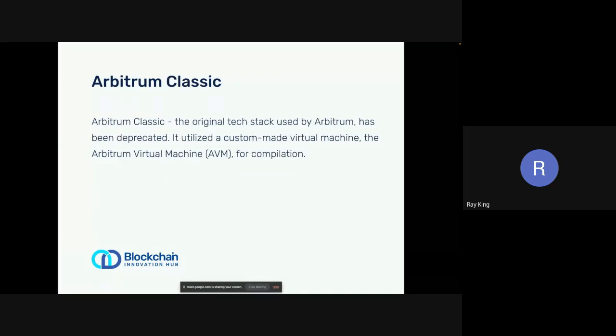What is Arbitrum Classic? The Classic is the original tech stack used by Arbitrum, that is the initial one that was launched and used by Arbitrum. It is no longer in use, that's why it is deprecated. It utilized a custom-made virtual machine, the Arbitrum virtual machine, for compilation.